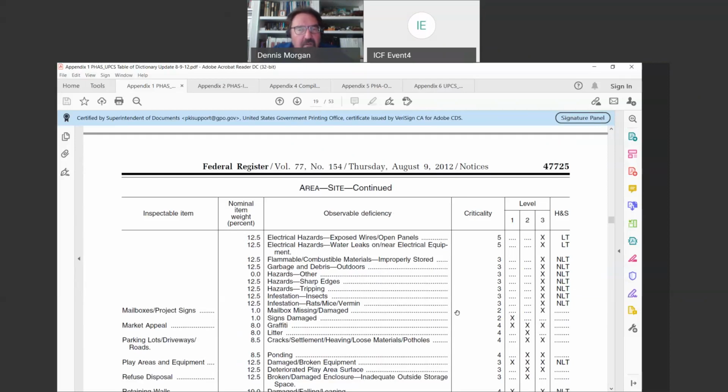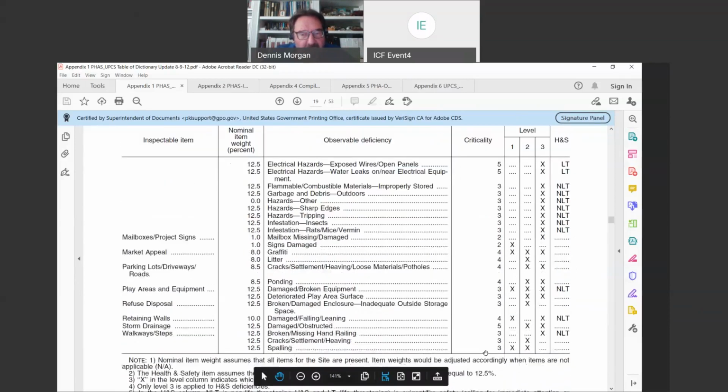So what I would do if I was running an agency out here, I would be going through this dictionary of terms and highlighting these areas and educating my staff that when you see these particular items in the protocol, focus on LT first and focus on NLTs, but also focus on these 5s and 4s because they also have massive points associated with them as well.